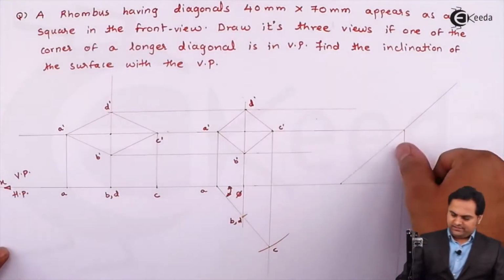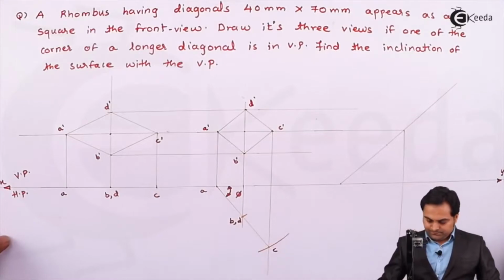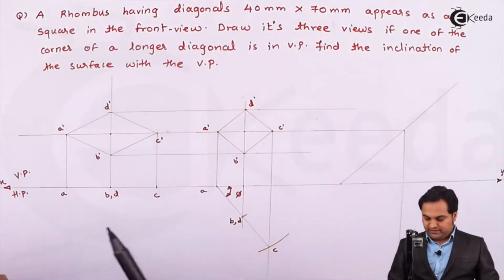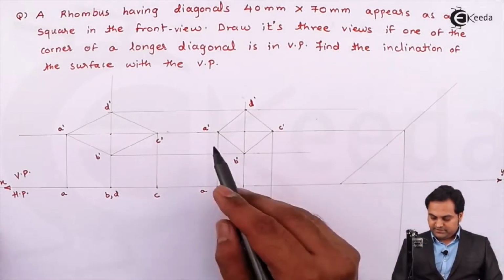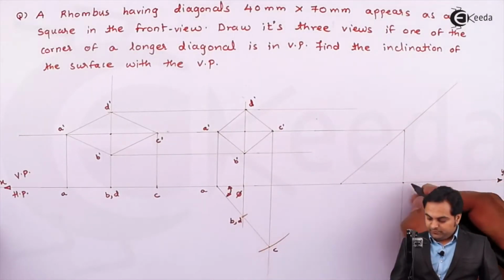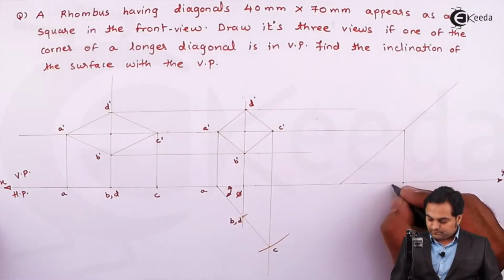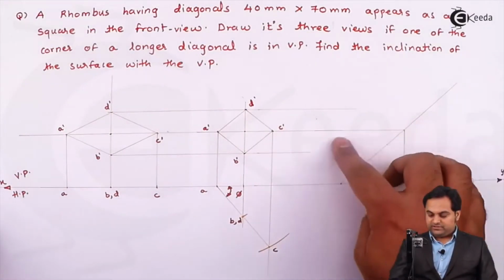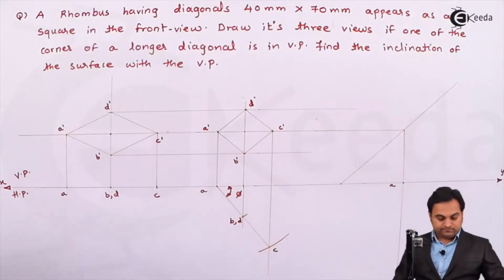So on this line there will be points A and C. And as we see here, A is on the XY line. So where this A dash and A intersect, that will give me the point A. Next, over this same line there will be C dash as well.